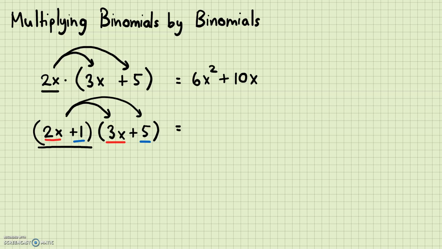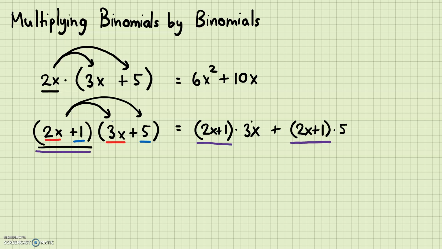So what you would get is 2x plus 1 times 3x plus 2x plus 1 times 5. So you see what I did here. I've distributed this whole thing to both the 3x and the 5.